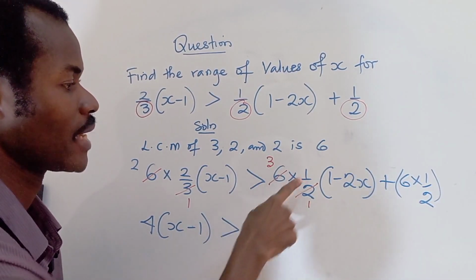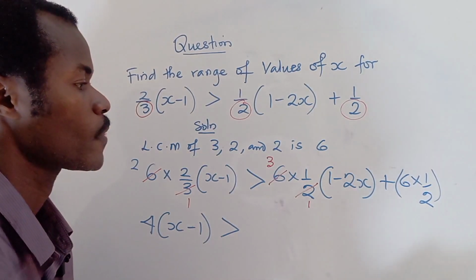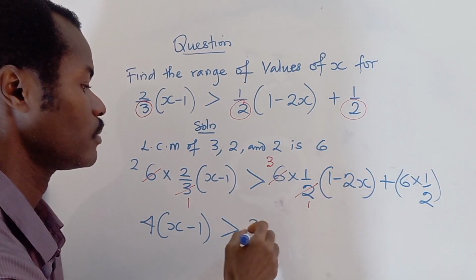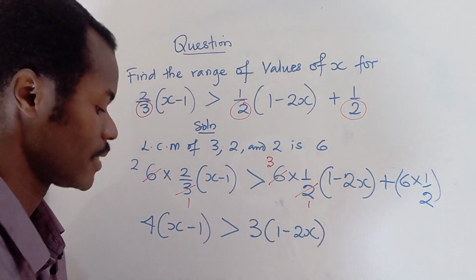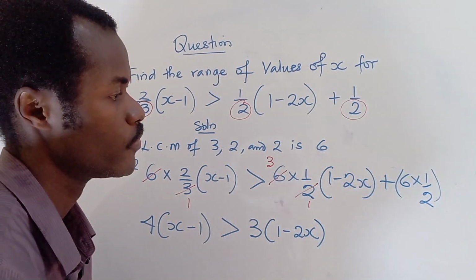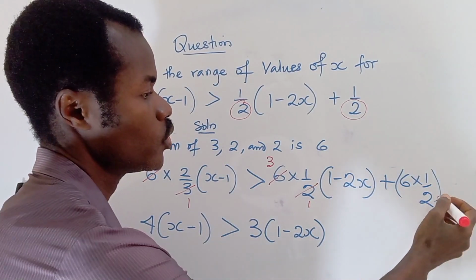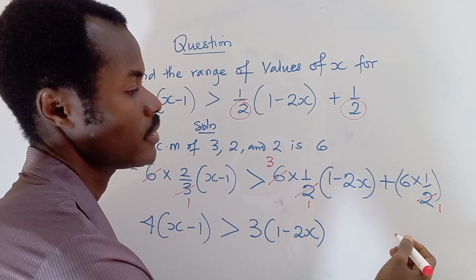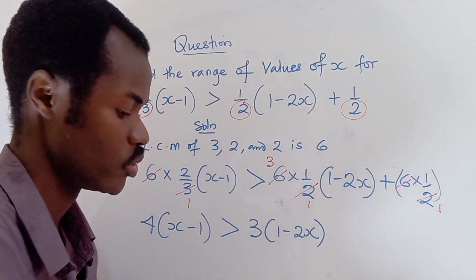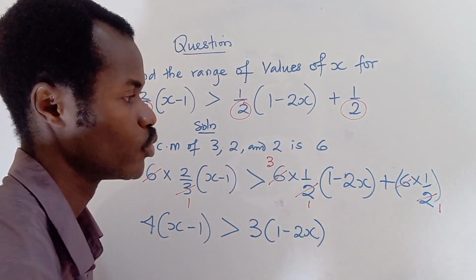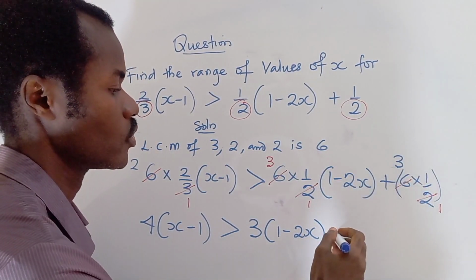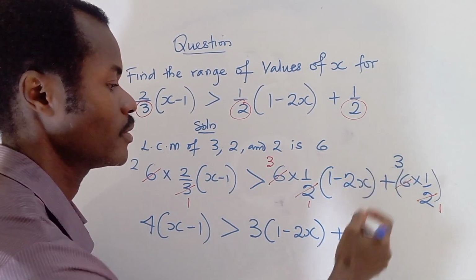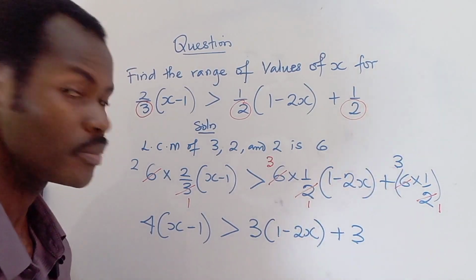So we have 3 times 1, which is 3, and 3 is going to multiply all this in bracket. Finally, for this part, 2 also cancels itself to give 1, and 2 into 6 is 3 times 1, so we have plus 3.